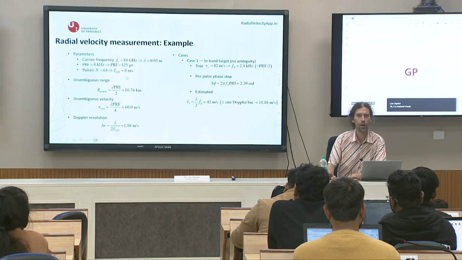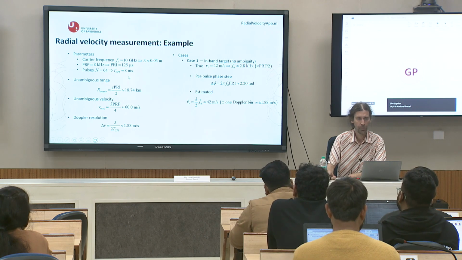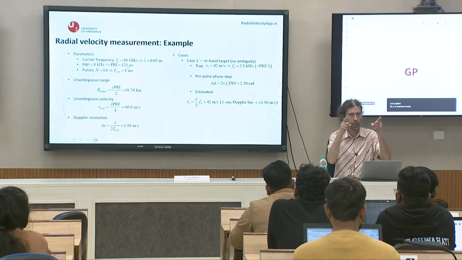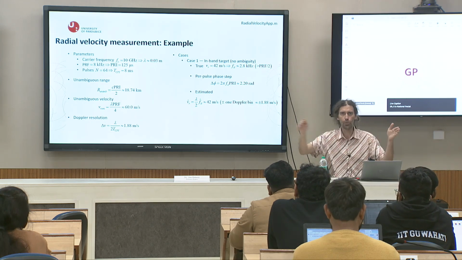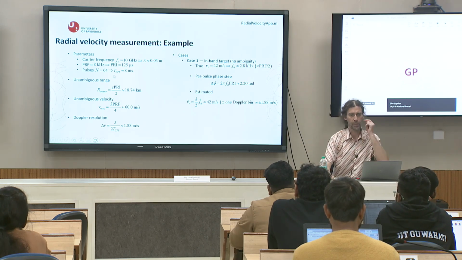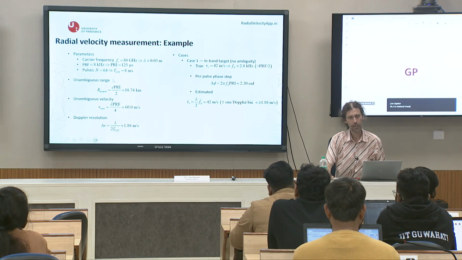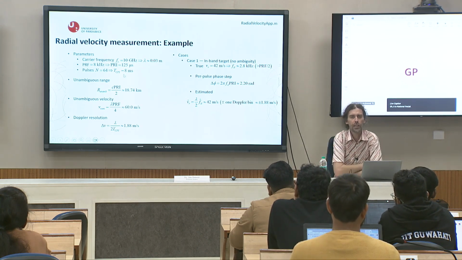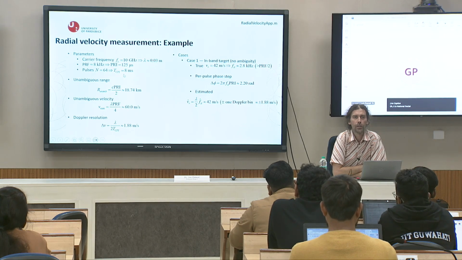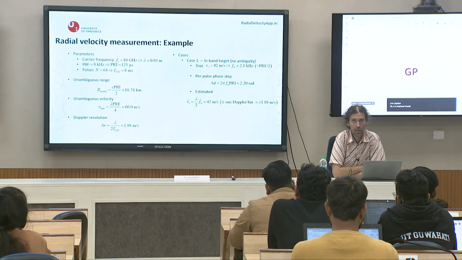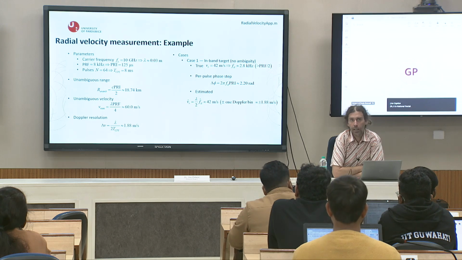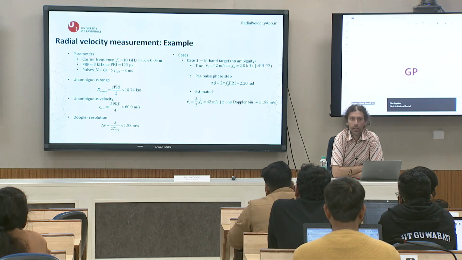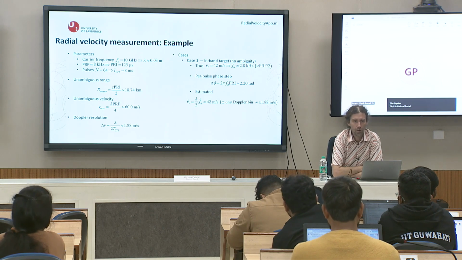It is the length of the CPI, because I have the PRI and 64 pulses, and from this I get the length of the CPI. It is also the resolution of my spectrum, 64 values in the spectrum, because I have 64 pulses. If I have 128 pulses, I will have 128 values, and so on.